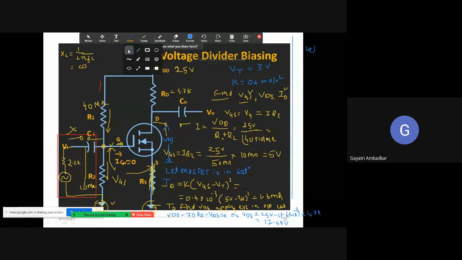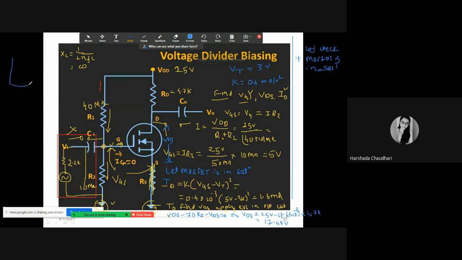Yes, anybody, do you remember? Let's check if MOSFET is in saturation region. How to check? VDS is greater than VDS sat.